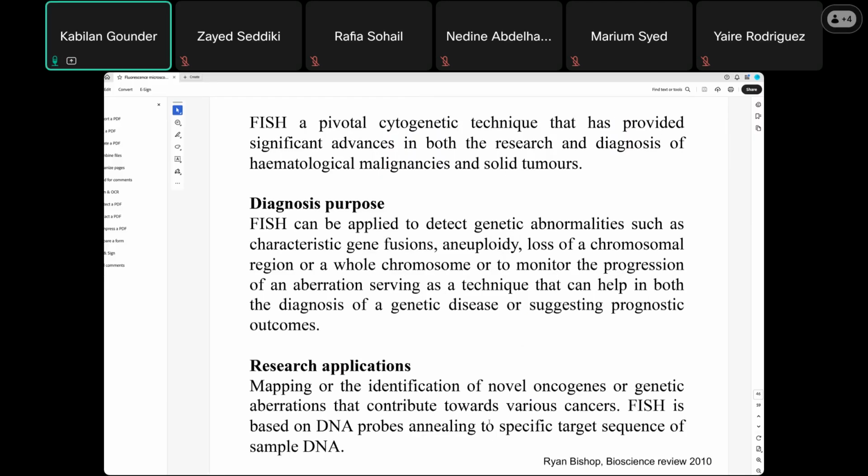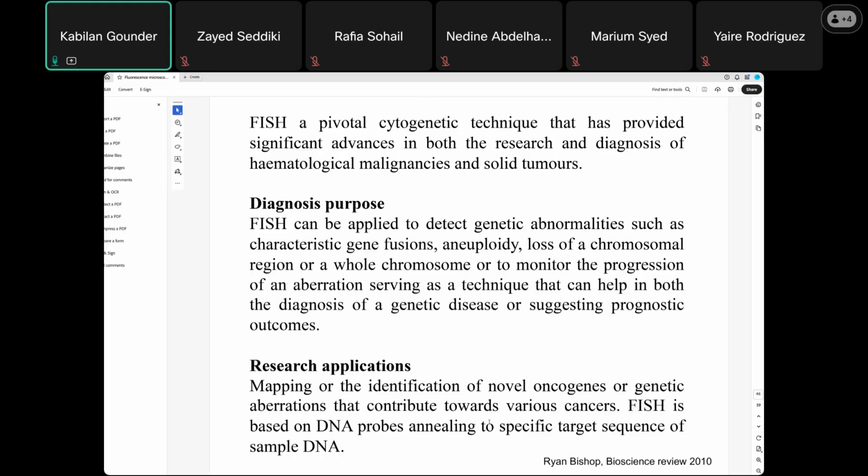So this is a pivotal cytogenetic technique that has provided significant advances in both the research and the diagnosis of hematological malignancies and solid tumors. One is a diagnosis purpose.